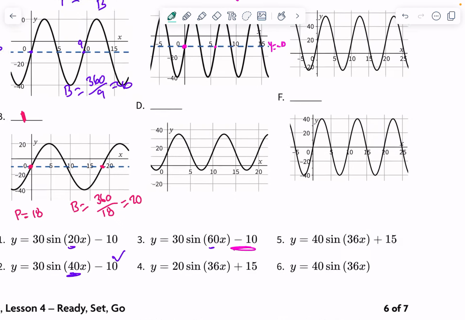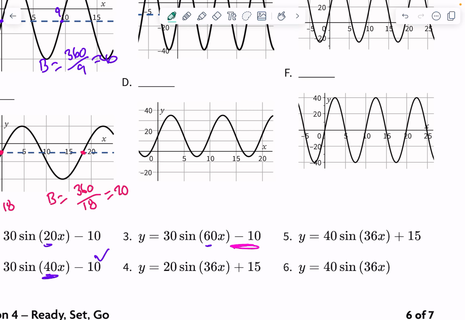Let's go to D. Let's first try to find out what our amplitude is. Our amplitude, as I discussed, is the absolute value of max minus min divided by 2. My max value here, let's be conservative with our answer, is like 30, or I'll say 35, minus my minimum.